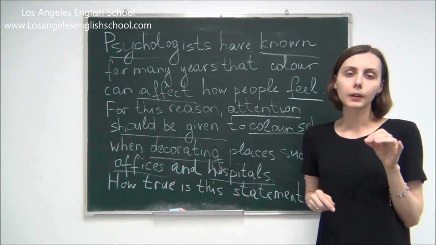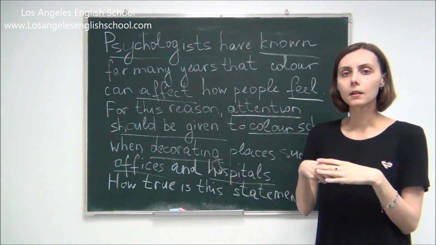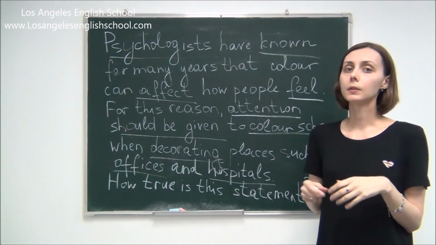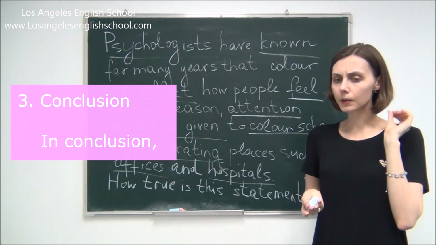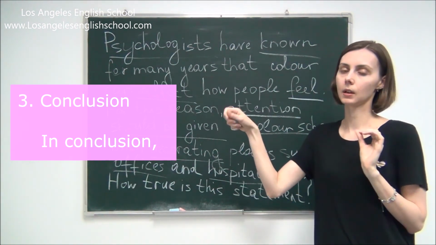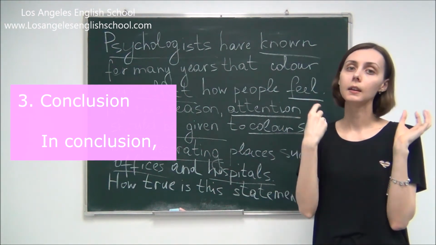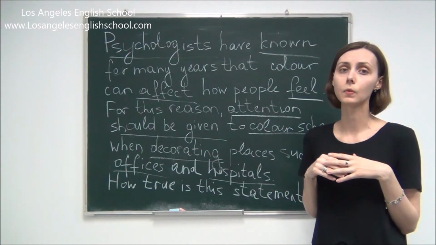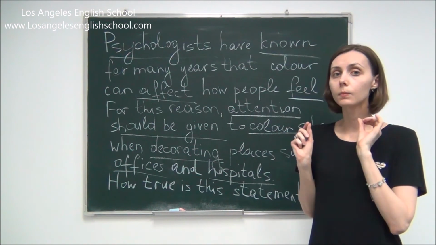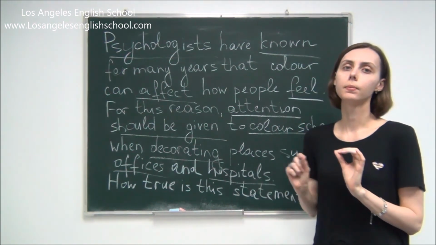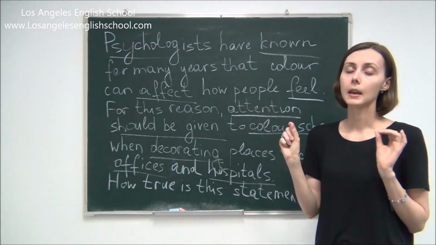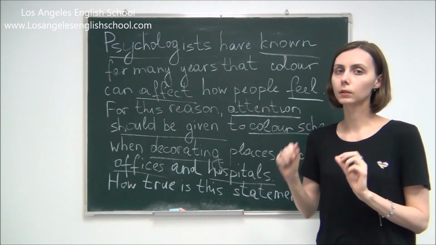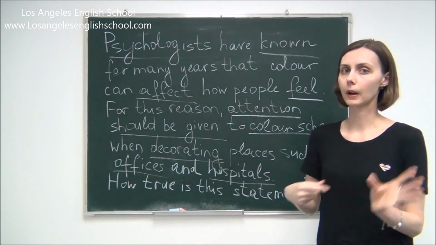Since you have written your body paragraphs, then you need to think about the conclusion. You write "In conclusion," put a comma, and write the conclusion. If you realize that you don't have any time for the conclusion, just stop writing where you are, put a full stop, and write "In conclusion," put a comma, and write the conclusion.